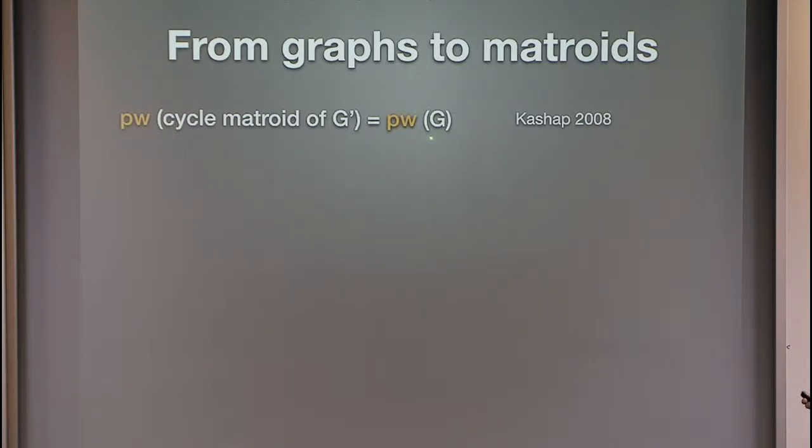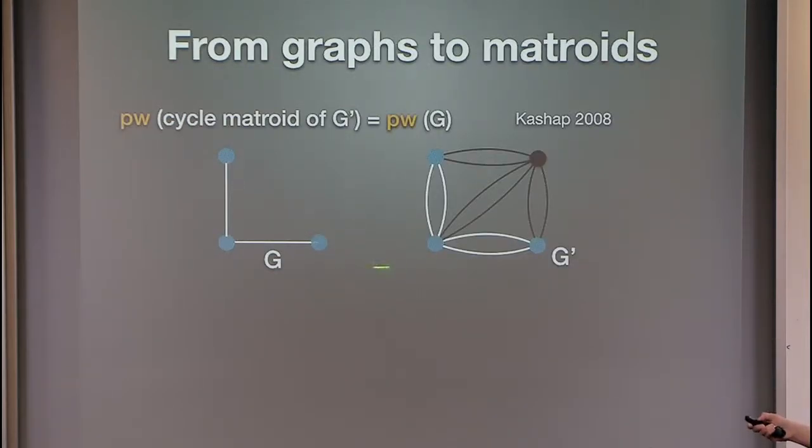The path width of a graph is the same as the path width of the cycle matroid of G prime, where G prime can be obtained in a very simple way. Suppose this is graph G. We double every edge of G and add one apex vertex, which is adjacent to everyone in G with double edges.